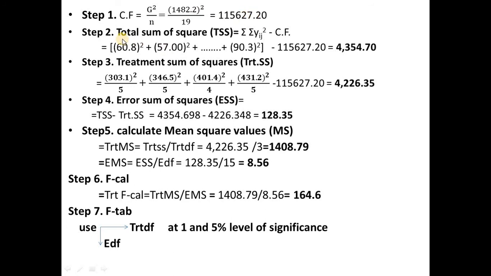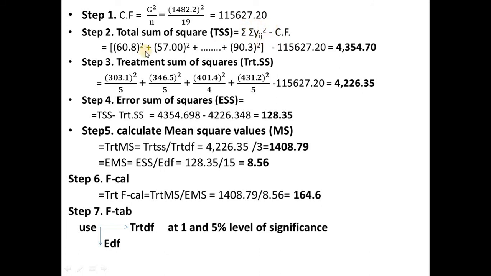The second step is estimating the total sum of squares, that means TSS. We square all observations except the missing value, sum up all the squared observations, and subtract the correction factor from the summation.